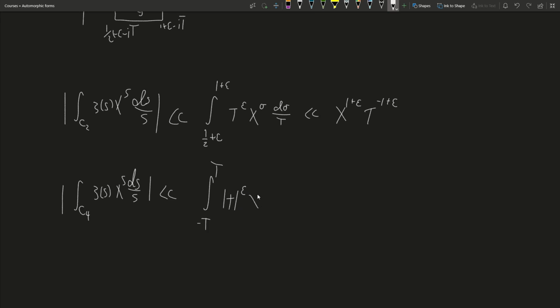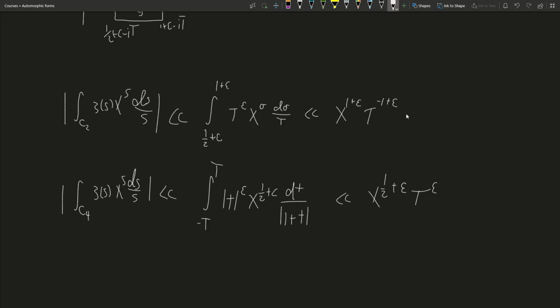I'm taking a bit of a shortcut here. x to the 1 half plus epsilon dt over, I will write 1 plus t just to be safe. And then this is x to the 1 half plus epsilon t to the epsilon.